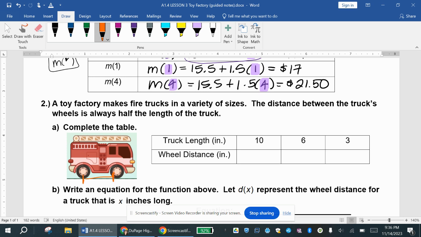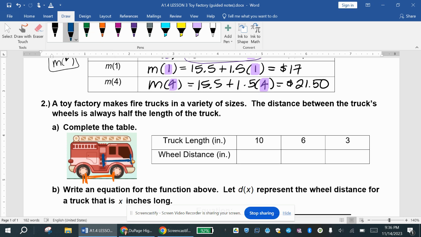The distance between the truck's wheels is half of the truck. So the distance between the two wheels is going to be the same distance as half of the truck. Let me try to use a different color here.